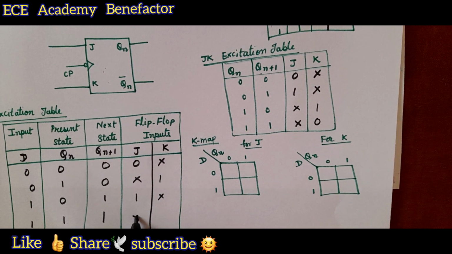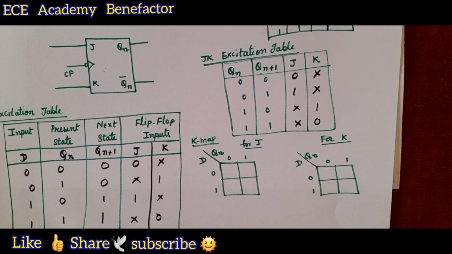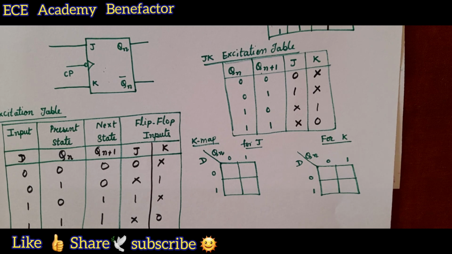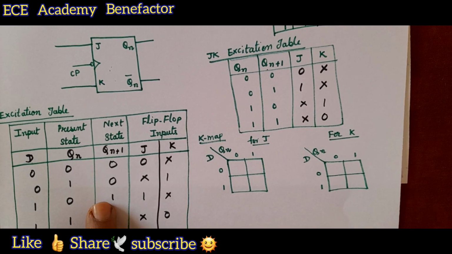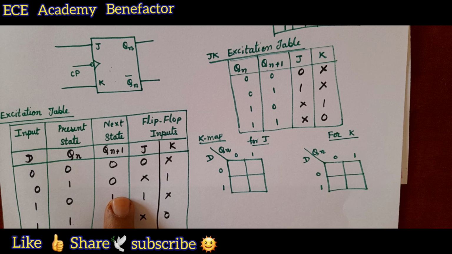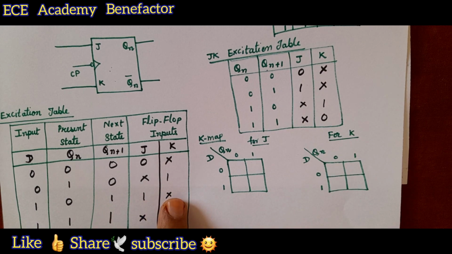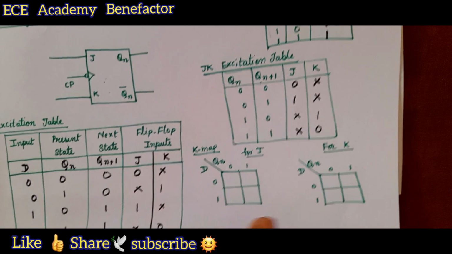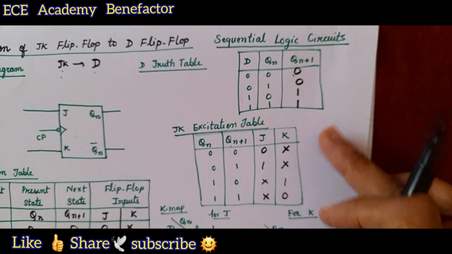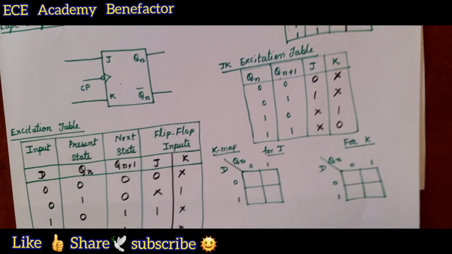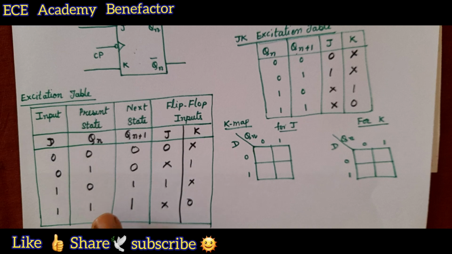For 1 1, it is x 0. Okay, up to here it is clear. So, to fill this excitation table, we need the truth table of D flip-flop and the excitation table of JK flip-flop. If you remember these 2 tables beforehand, it will be easy for you to fill this excitation table.